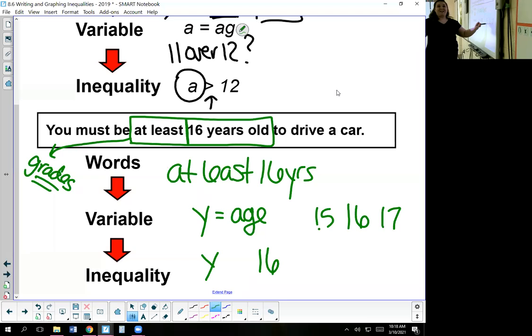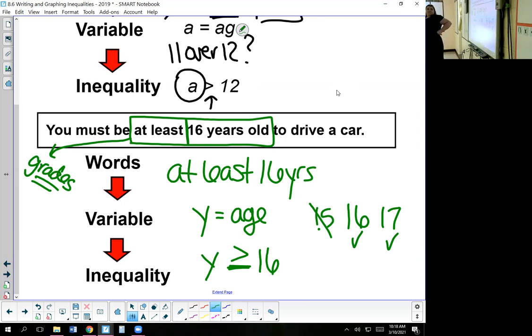Is 15 at least 16? Can you drive at 15 years old? The answer to that is no, you can't. You have to be at least 16 years old. Is 16 at least 16? Yes, it is, because I'm at least 16 or more. So that's why I have to be 16 or older than 16.